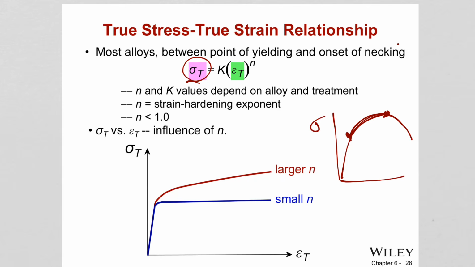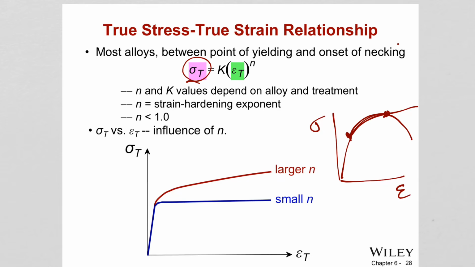Actually, this is for the true stress strain curve. It is described with this equation: how with stress the strain is changing, and there is a power n, and then there is a constant k, and n and k are constants that depend on the material, basically.